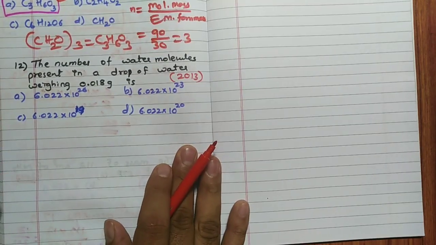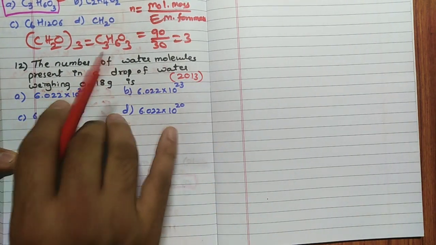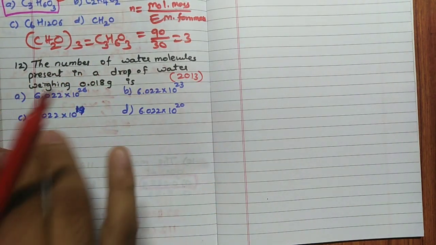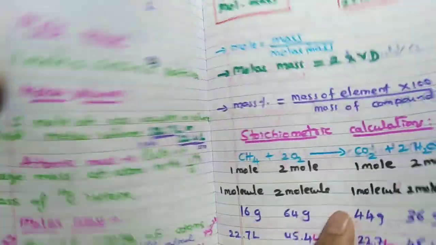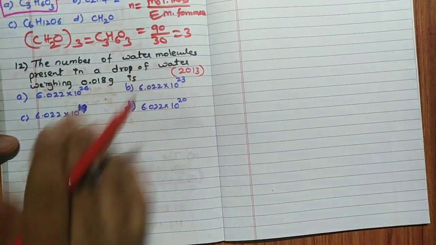Then the number of water molecules present in a drop of water weighing 0.018 gram. Once again, it is the principle of this one. Remember, as I told, very, very important. If you perfect this, you can easily calculate. See here how to do. 0.018 gram is given.